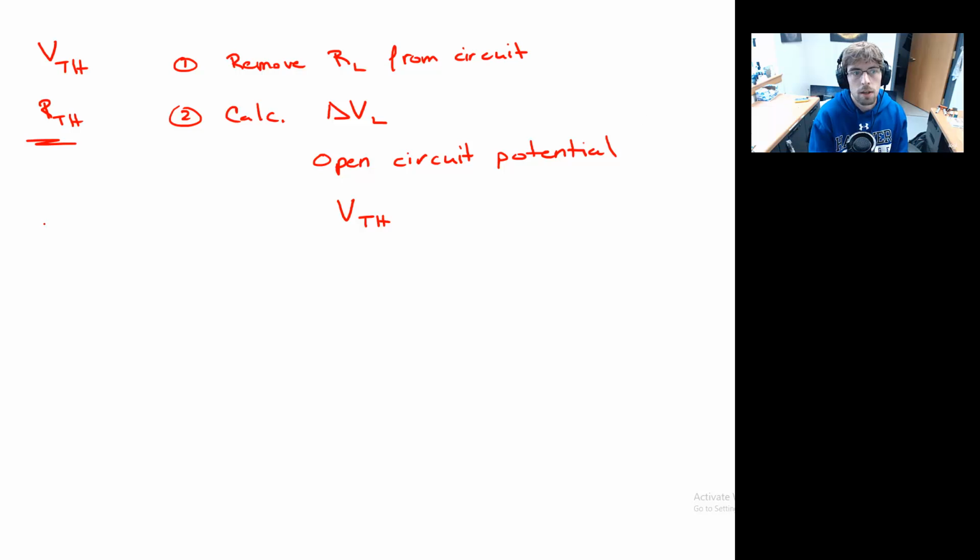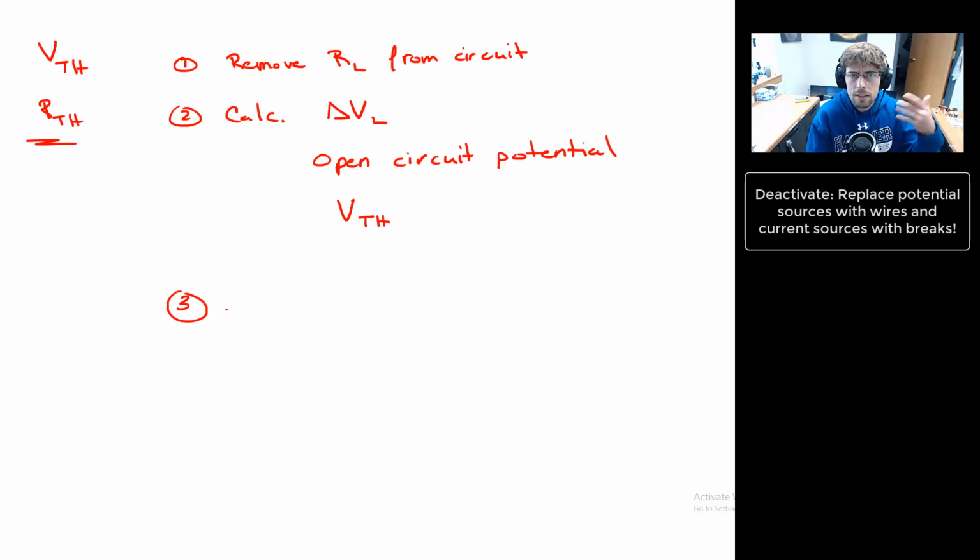To get your Thevenin resistance, RTH, you have to deactivate the sources. Deactivate, that's the idea that we introduced when we said superposition.